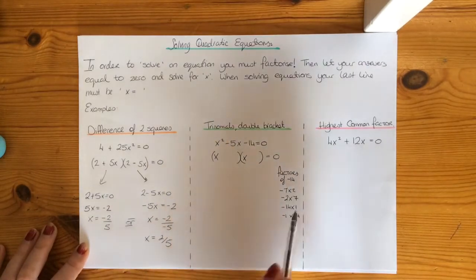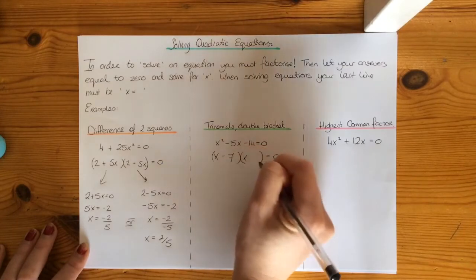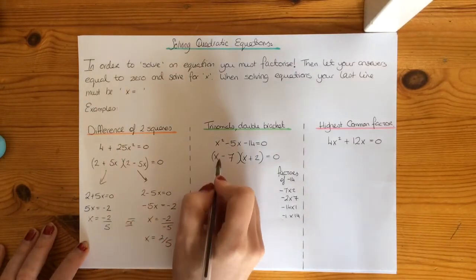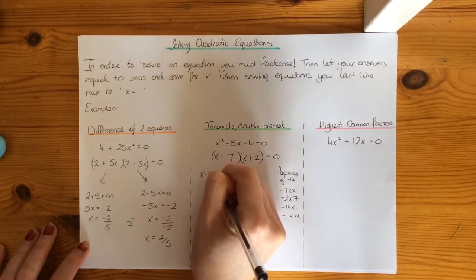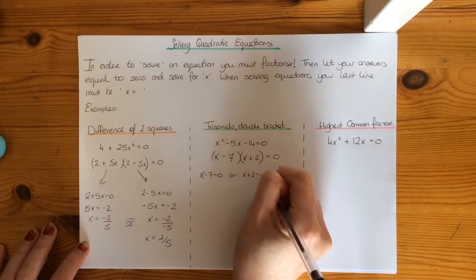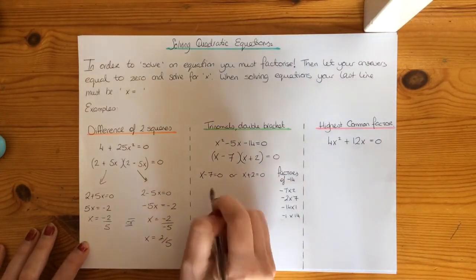Okay, so that was quick. That's the first one. So we've got minus 7 plus 2. Okay, so that's the factorizing part done. So now we need to solve. So again, just like the first example, let each bracket equal 0. So we've got x minus 7 equals 0, or x plus 2 equals 0. Isolate the x. You want to get x by itself.